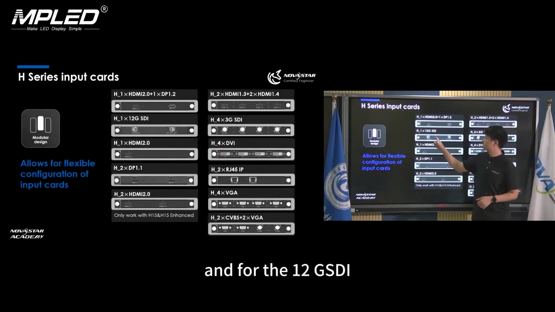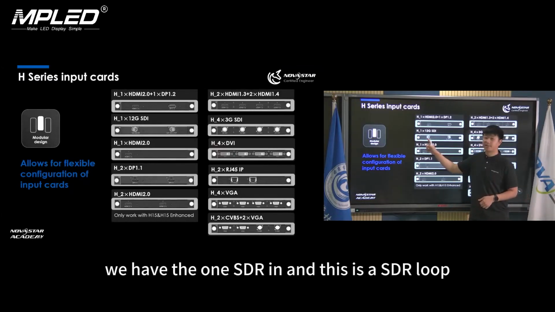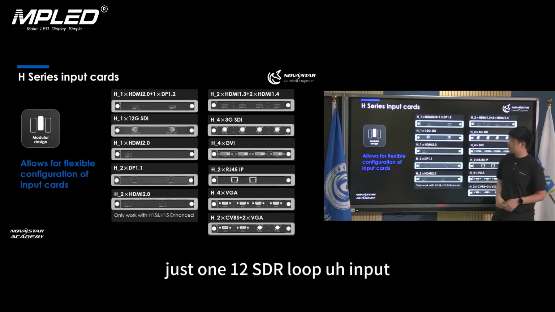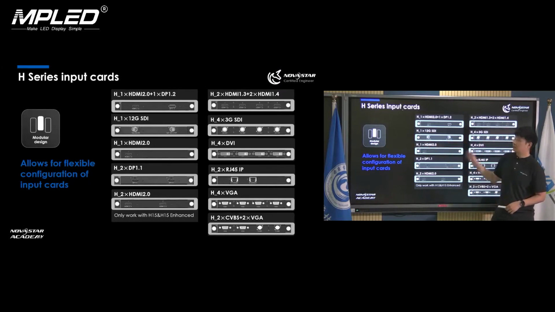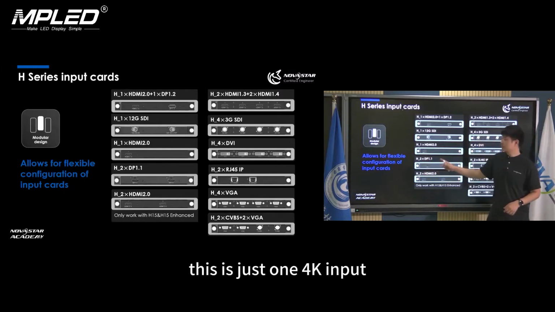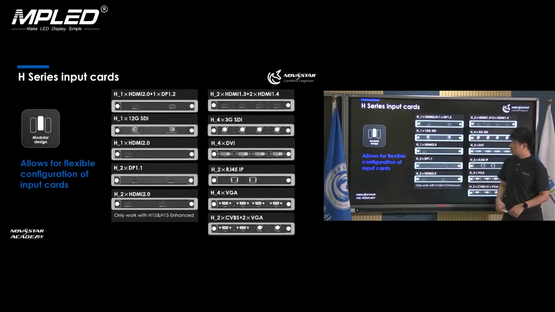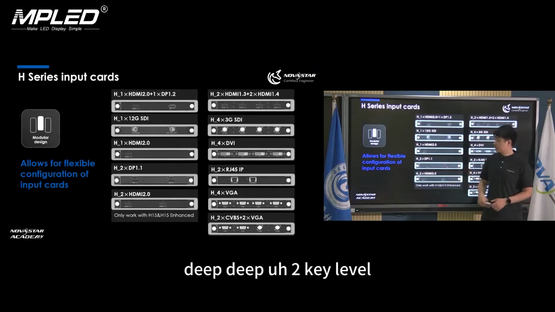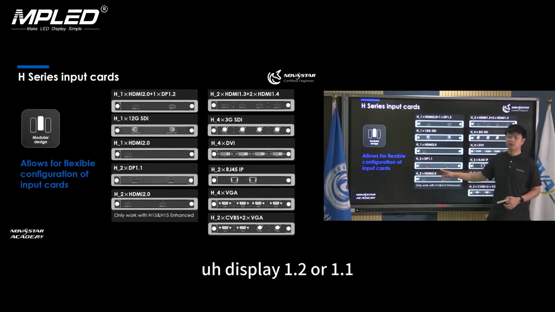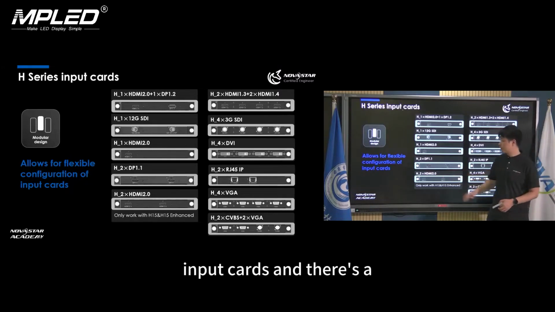And for the 12G SDI, we have one SDI in, and this is an SDI loop, just one 12G SDI loop input for one card, and one HDMI 2.0. This is just one 4K input. And for the 2K level, we have the two DisplayPort 1.2 or 1.1 input cards.